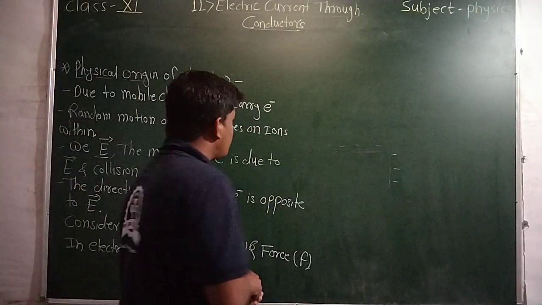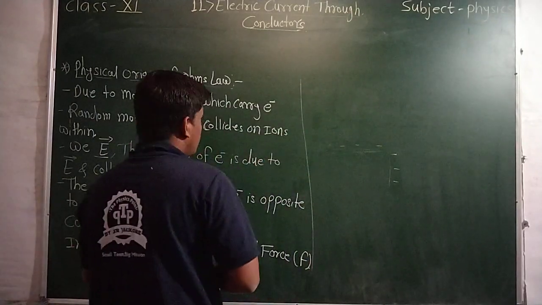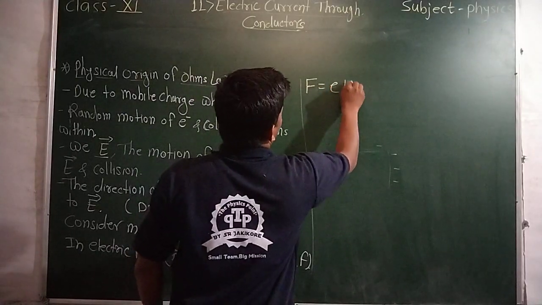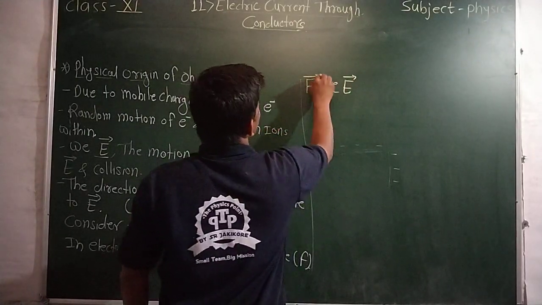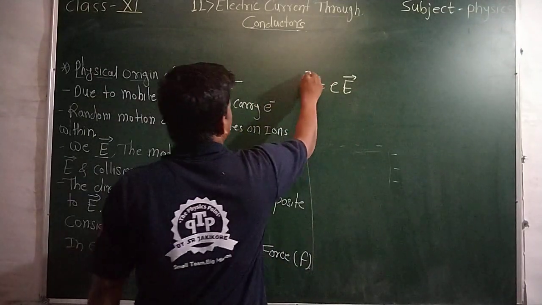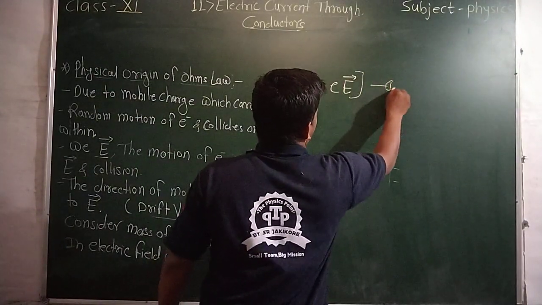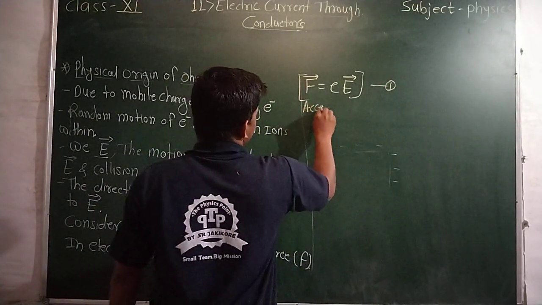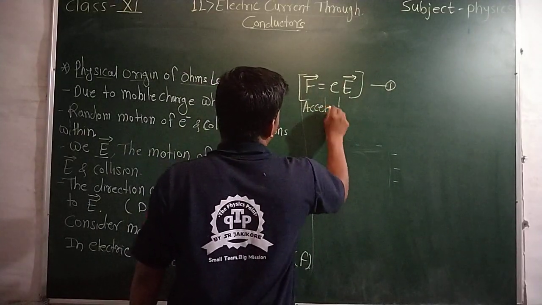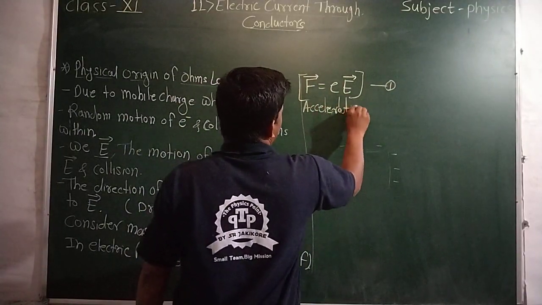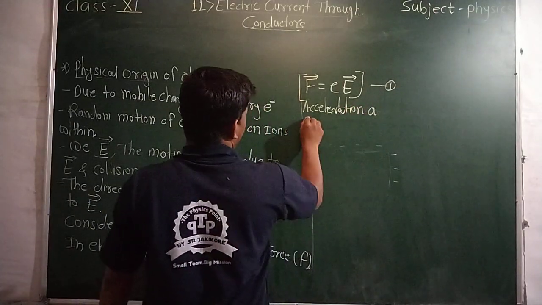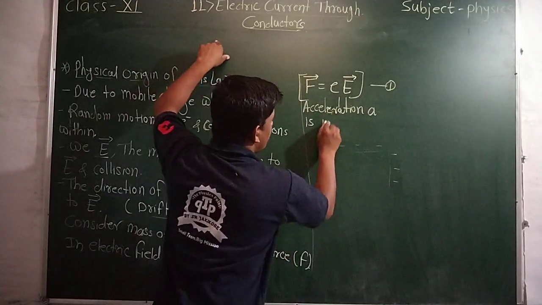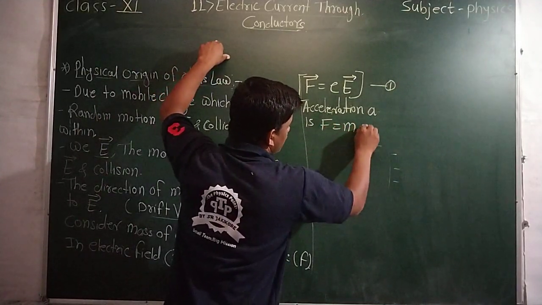And we know that the force F is equal to the charge of the electron into the electric field E. Consider this as equation number 1. Then the acceleration a is given by Newton's formula, F is equal to m into a.